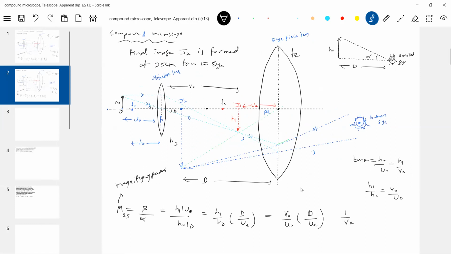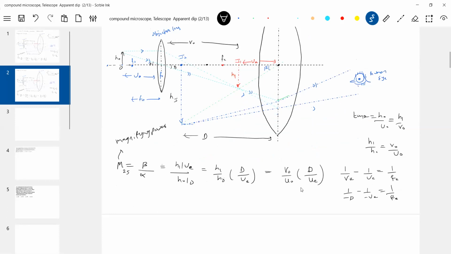1 by VE. What is VE? VE will be minus D, minus 25. This is the minus UE, 1 by FE. So the entire formula will become 1 by UE equals 1 by D plus 1 by FE.